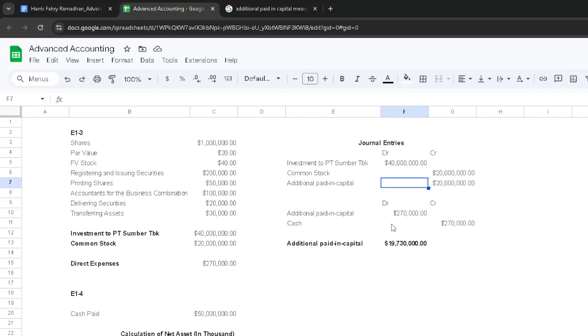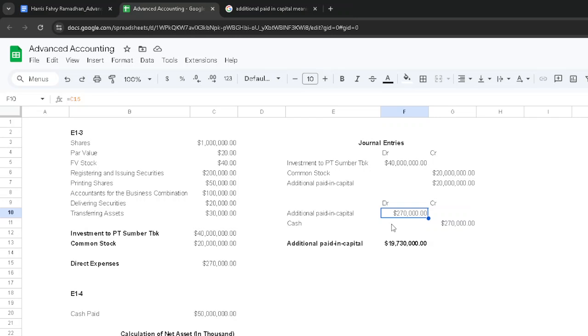The way it works is, if you have paid-in capital, you reduce it because you're also incurring expenses when you're investing, such as issuing the shares. If you're paying a certain amount, you cannot just say that you have additional paid-in capital of this, because you're also paying these extra amounts.